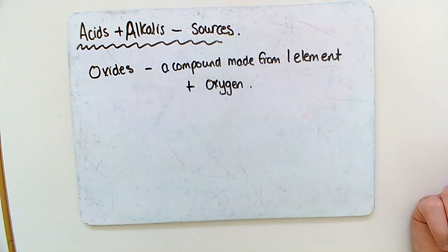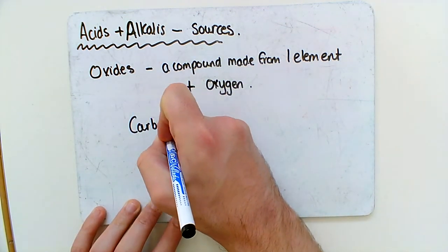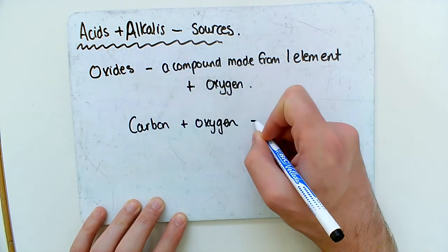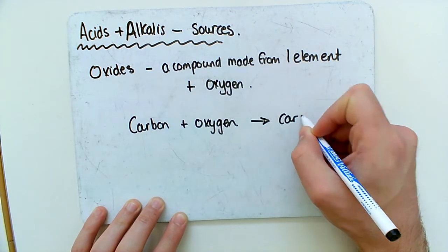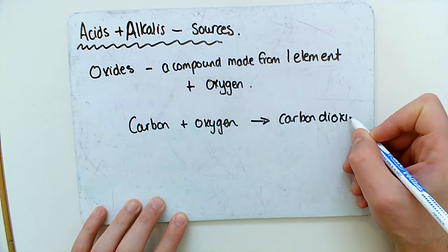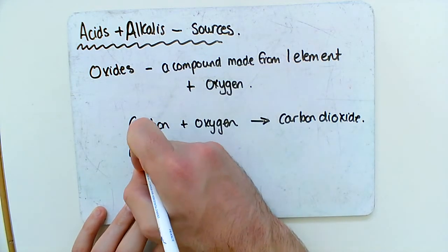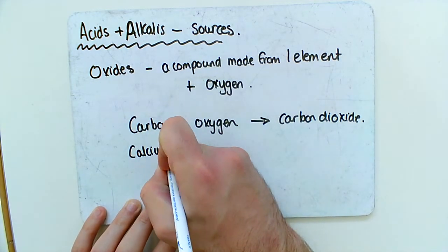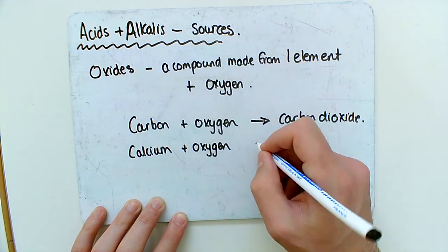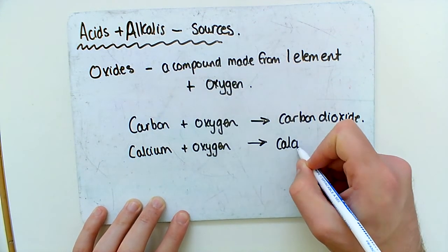Examples of these can be non-metals, so carbon plus oxygen goes to carbon dioxide. Or it can be a metal, something like calcium plus oxygen going to calcium oxide.